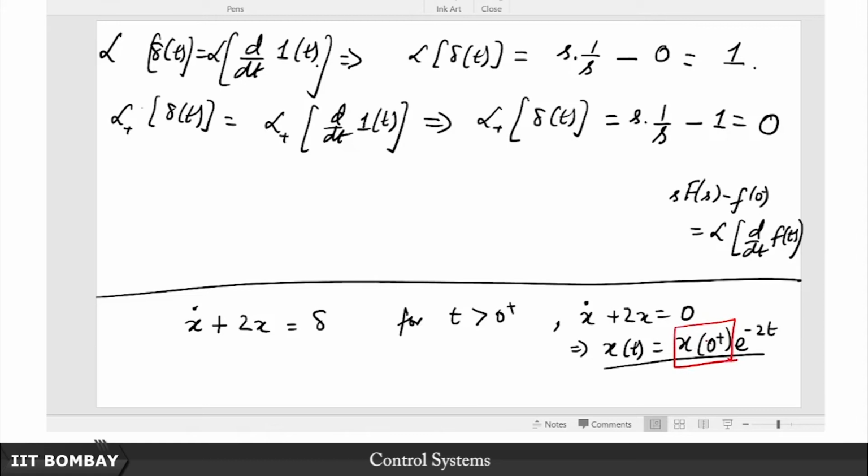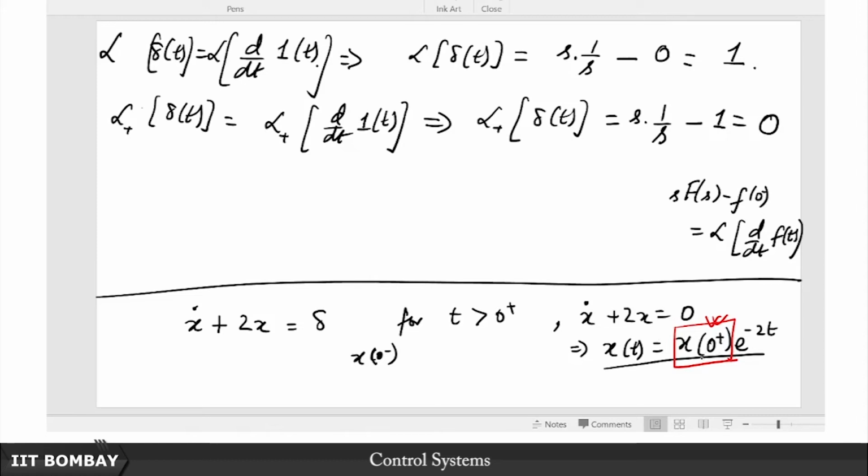Because remember, this quantity came into being only after the impulse has acted on this system. At best, I can have knowledge about x at 0 minus before any input or the impulse has acted on the system. But once the impulse has acted on this system, that results in some value at x 0 plus, at t is equal to 0 plus. So this is a value that I have no idea about.